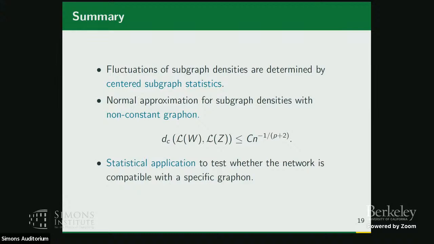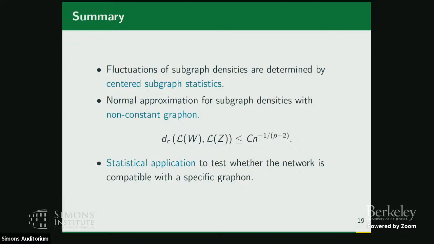So just to summarize now, the fluctuations for the subgraph densities are explained through the fluctuations in the centered subgraph statistics. And the normal approximation holds even for non-constant graphon. And one more thing I forgot to point out here is that the node labels need not be uniform. They can come from any distribution here.